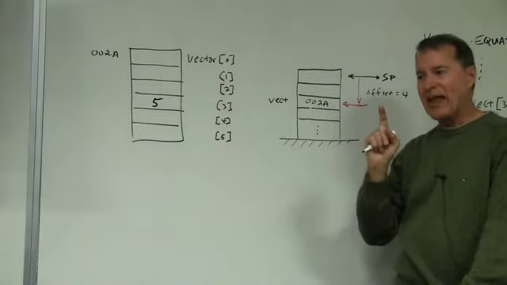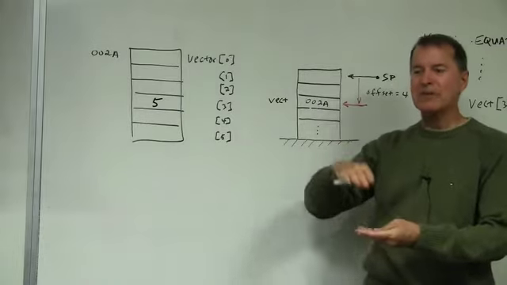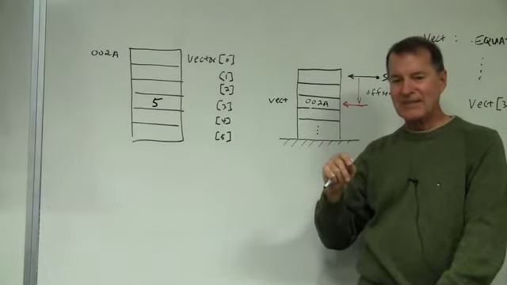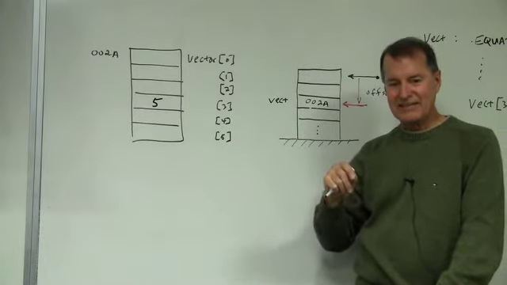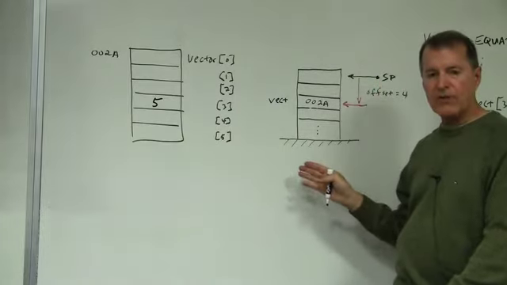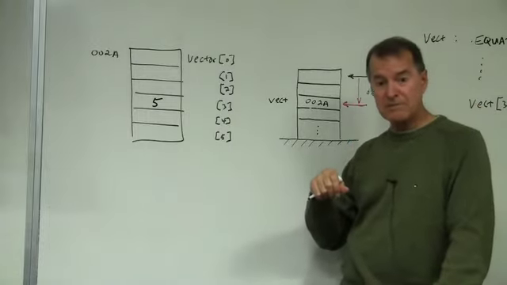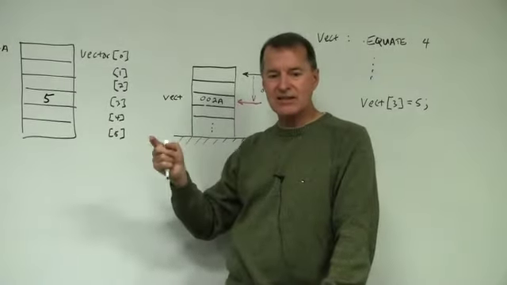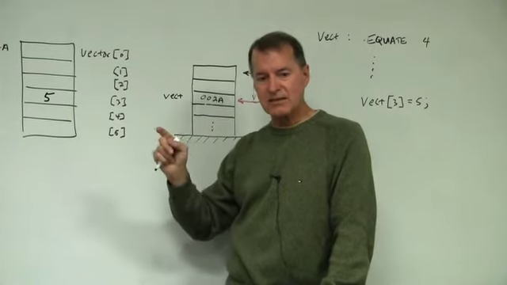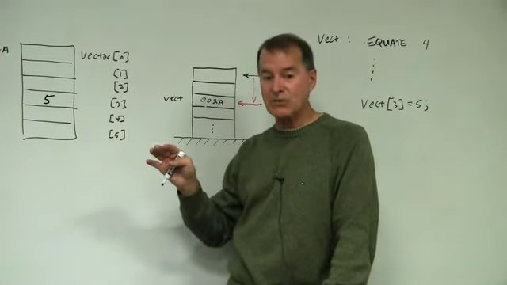And the algorithm was very, very simple if the entire array had been copied onto the stack. Didn't we do that when we had to draw them at the beginning of the semester? Oh, no, that's when they were local. If an array is local, it is on the runtime stack. Are you with me? But when you pass it, it's never on the stack. But if it's local, it is on the stack. And that can be quite common.